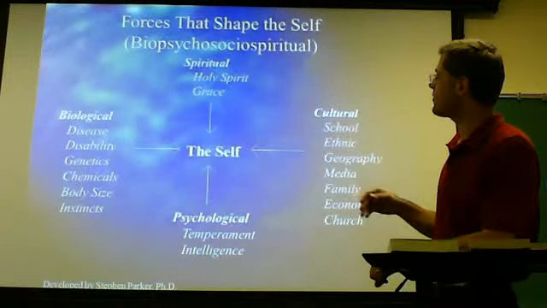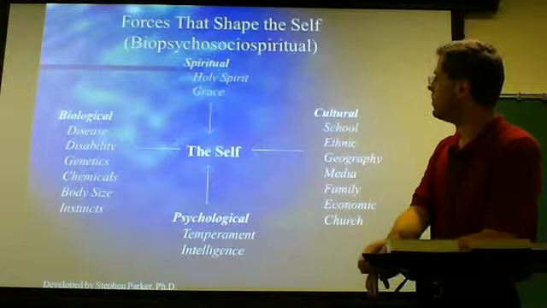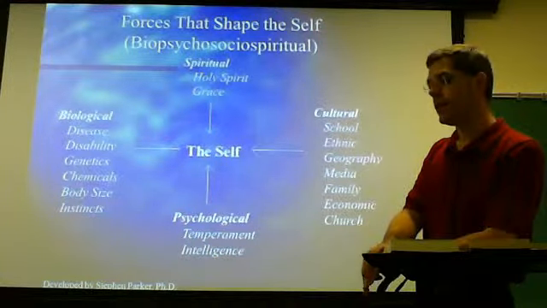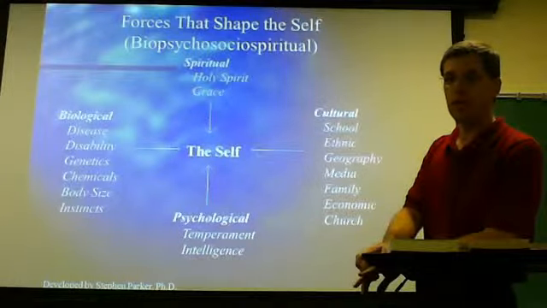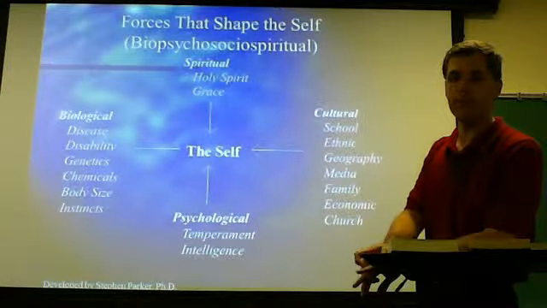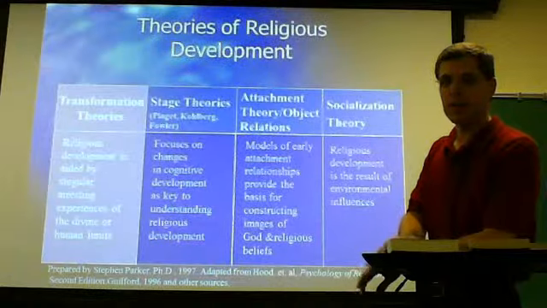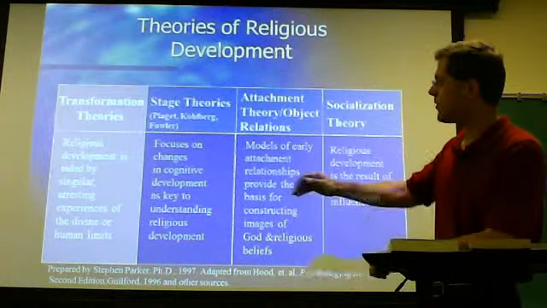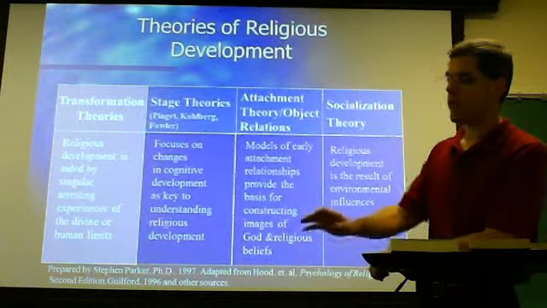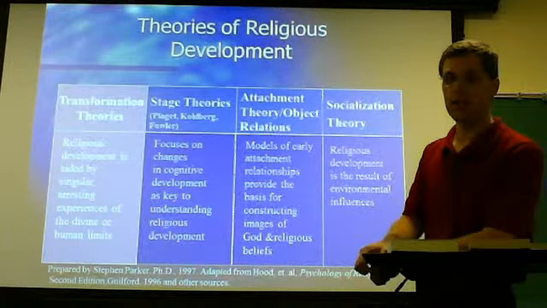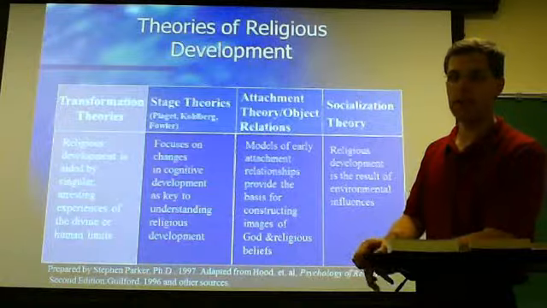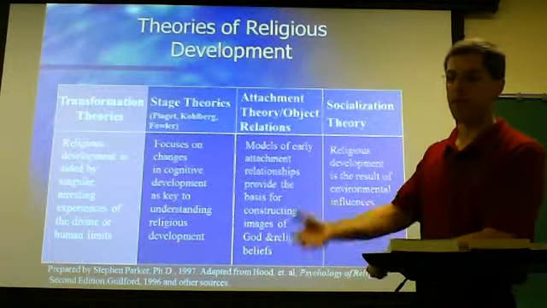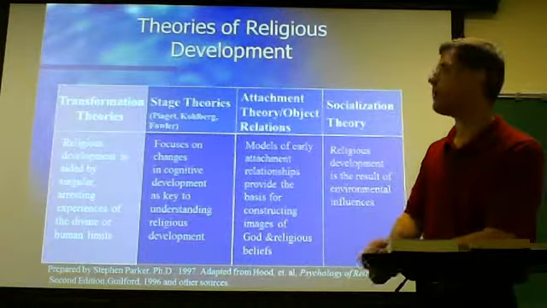So the last couple slides for this presentation are just a review of the biopsychosocial spiritual theory and the various spiritual theories of development that were in the first week's lecture. So let's do a quick review of this. Transformational theories basically say that God reaches down and acts within us and transforms us and makes us open to a relationship with Him and impacts our development and nourishes it.